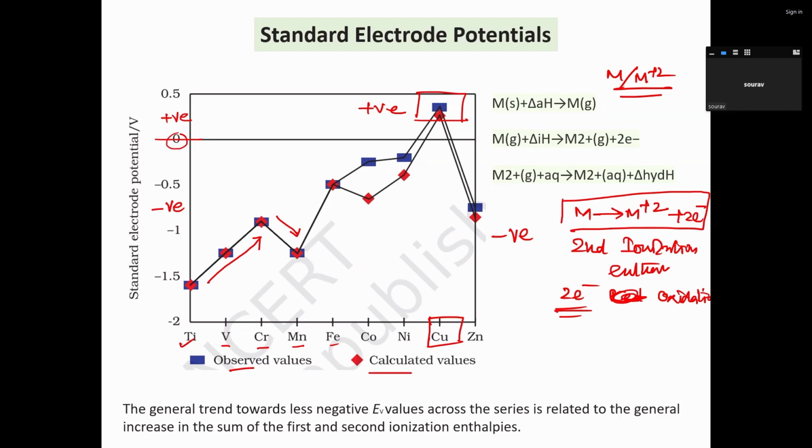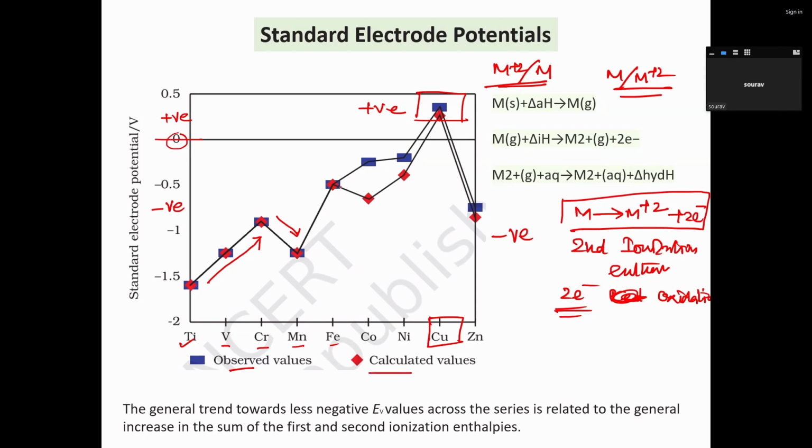Whatever reduction potential is given here is actually written as M plus 2 to M. So when we go from titanium to chromium, the reduction potential value is increasing. Then for manganese, this reduction potential value is decreasing. Then iron is increasing.